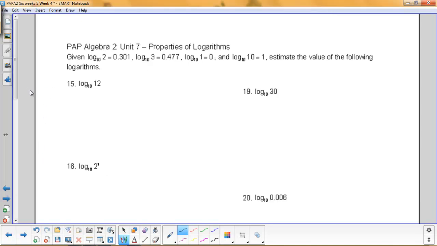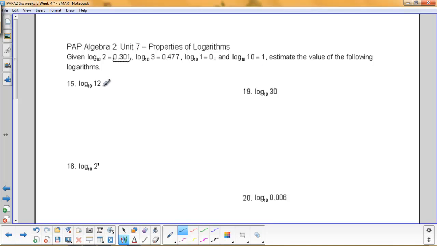Alright, we'll look at a slightly different form of simplifying logarithms. When you're given these numbers, these actual numbers are the estimated answers of log base 10 of 2 and log base 10 of 3. Literally, if you put these in your calculator using the log button, you will get these numbers. Okay, so we are not making up any math here, we're just using these.